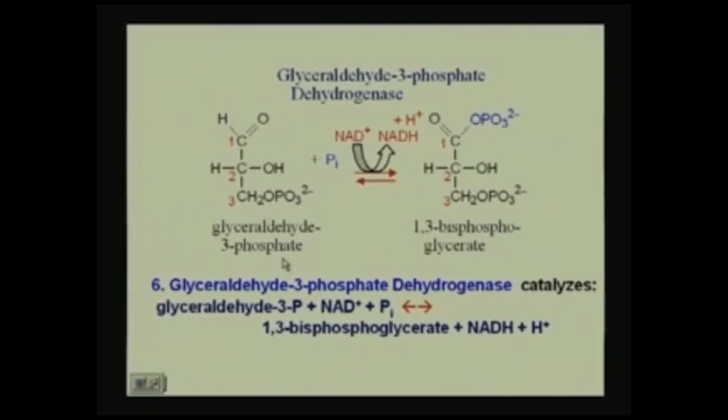So we are now adding a phosphate, but we have not used ATP in this step. We are using Pi. Okay, so the reaction here is glyceraldehyde 3-phosphate plus NAD+ plus Pi in a reversible step, giving you 1,3-bisphosphoglycerate plus NADH plus H+.